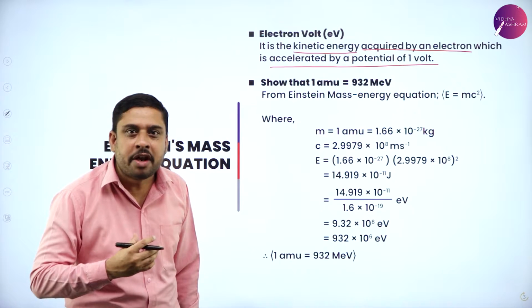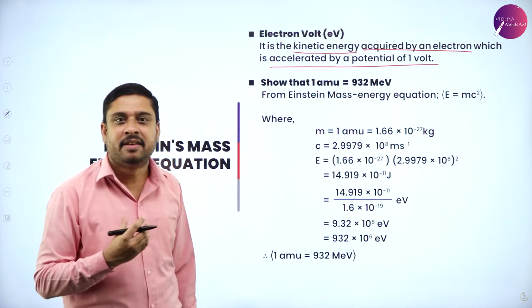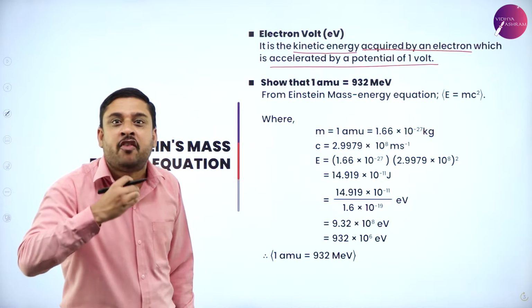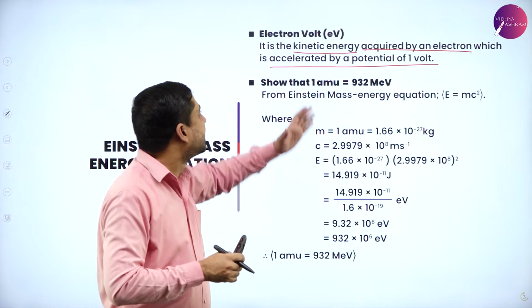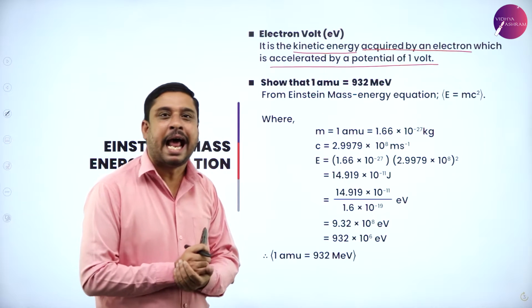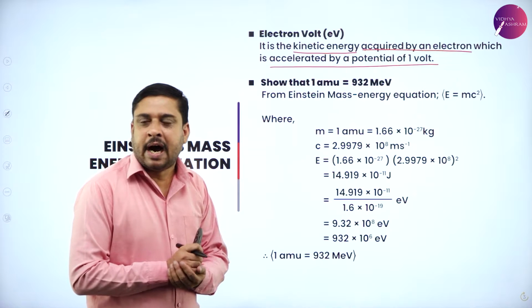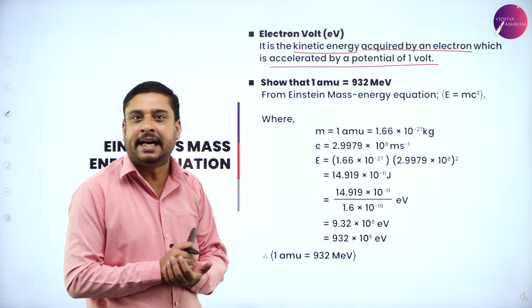An electron which is accelerated when a potential of 1 volt is applied, then its kinetic energy is what we call as electron volt. So, a very simple definition here.